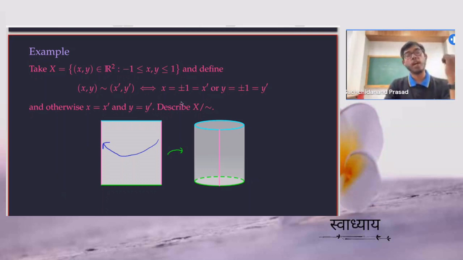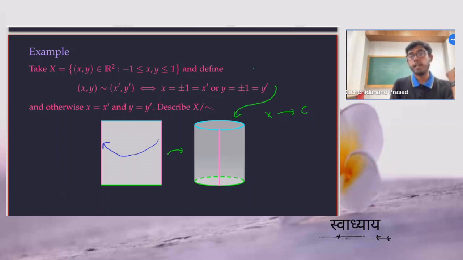So again, what is our job? Our job is to find a continuous map from this square to the actual cylinder, which I am writing as C. And how do you define the cylinder?